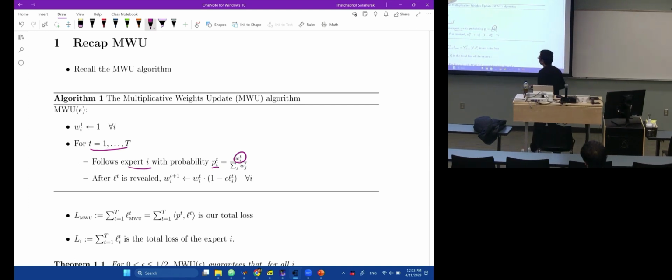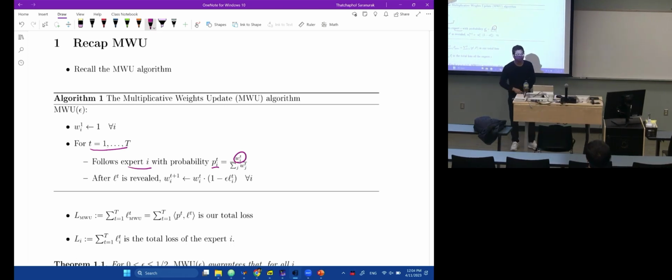And after that, once you have committed to your probability, some loss vector on each expert will be revealed. And what you do is update the weights accordingly. If the loss is big, you decrease the weight a lot.